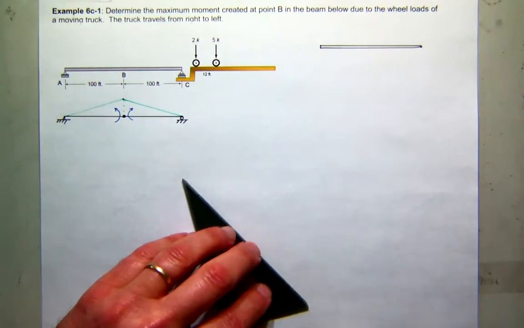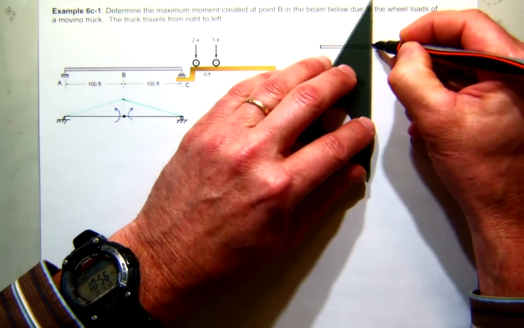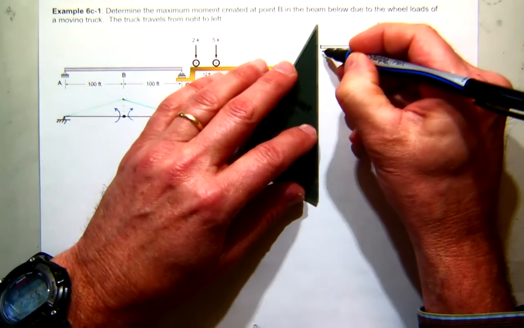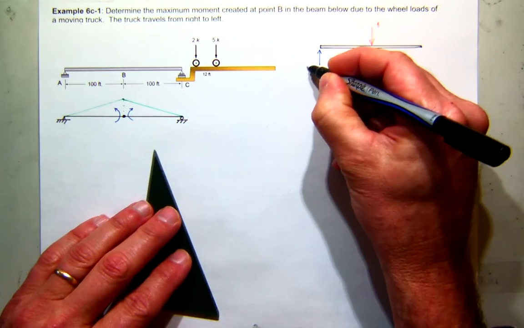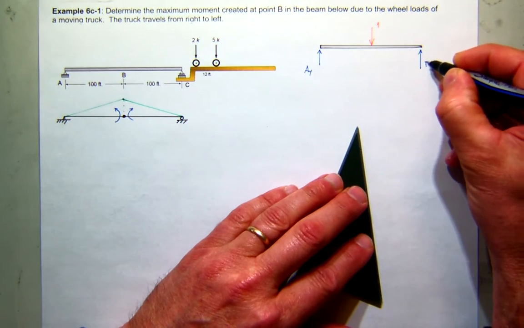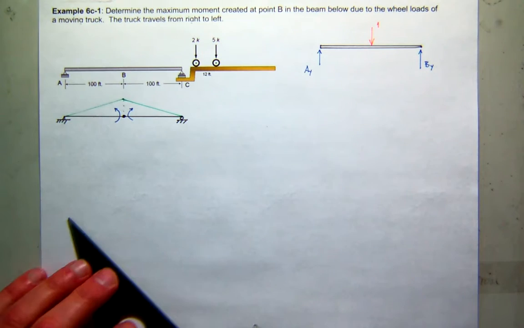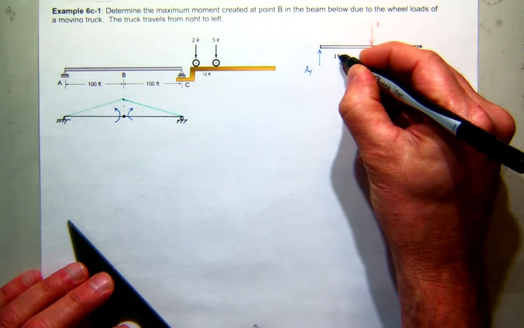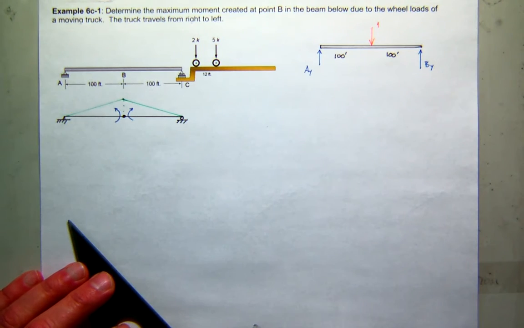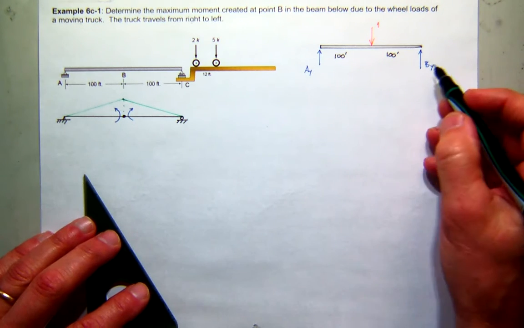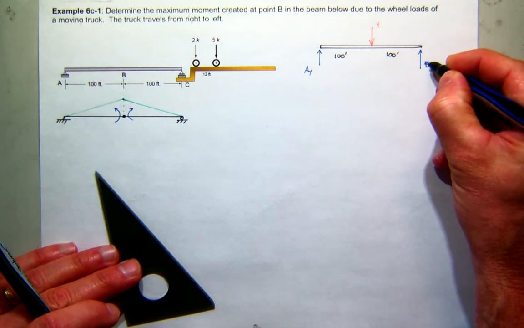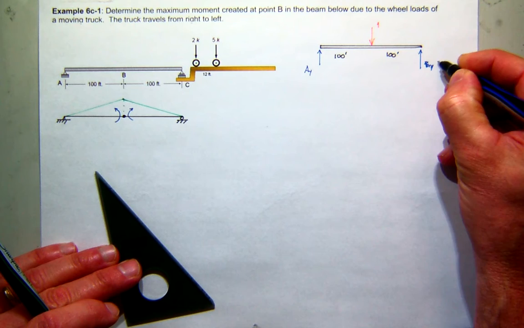I'm putting my unit load right in the middle at B, and then I'll have a reaction in the Y direction at A and one at C, and this is 100 feet. I keep saying B, but actually B is in the middle. That's C. Let me correct that right now. So this will be CY.